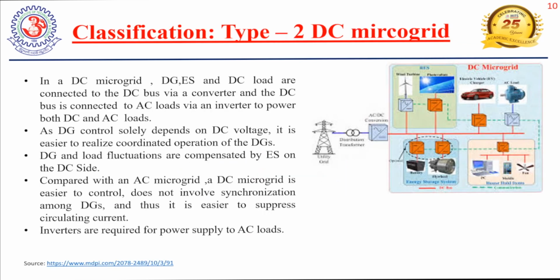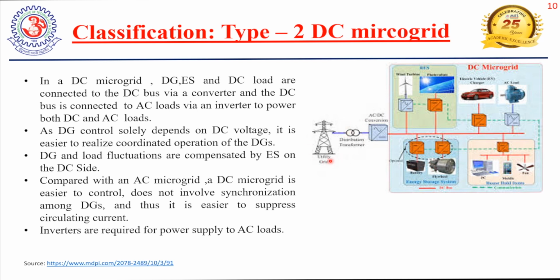Already you know that in the photovoltaic cell we generate DC. So if we use a DC photovoltaic system, there is no need to convert AC to DC. We directly feed that DC supply to the microgrid, and it is connected to the load. If the load is DC, there is no issue. But if the load is AC, first we have to convert the DC supply to AC, then feed the load.